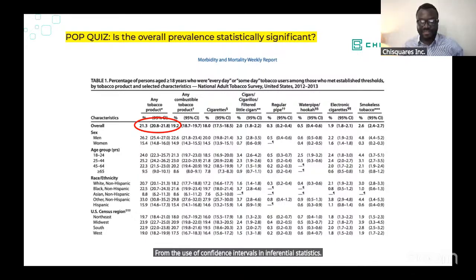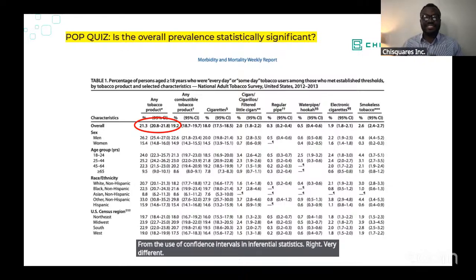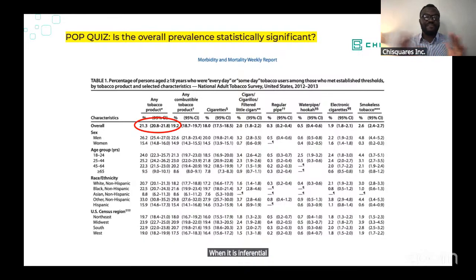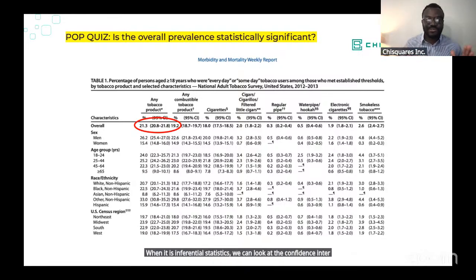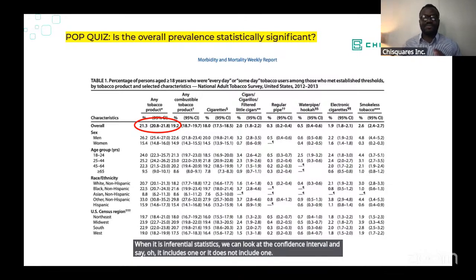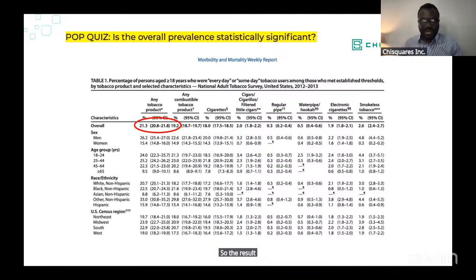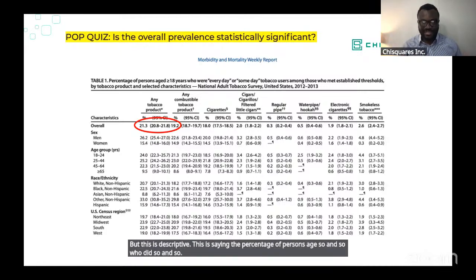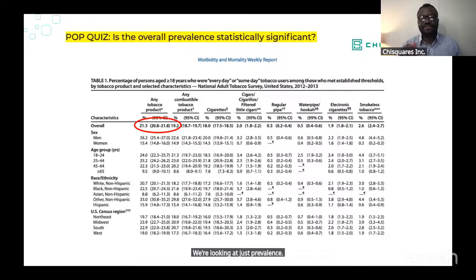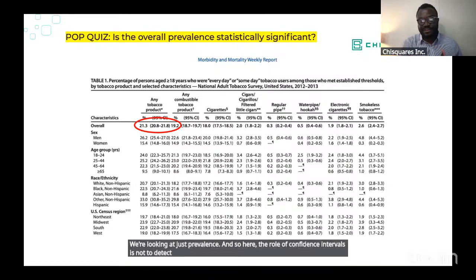In inferential statistics, we can look at the confidence interval and say it includes 1 or does not include 1, so the result is significantly different. But this is descriptive. This is saying the percentage of persons, age so-and-so, who did so-and-so. We're looking at just prevalence. So here, the role of confidence intervals is not to detect whether a result is significantly different or not.